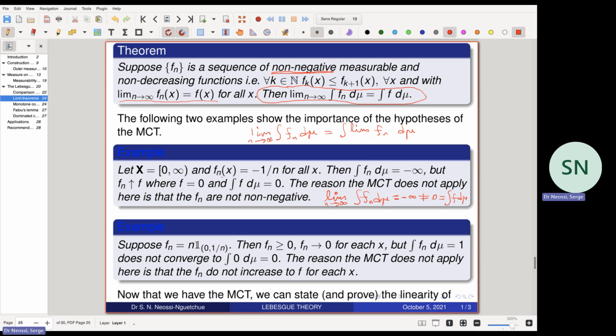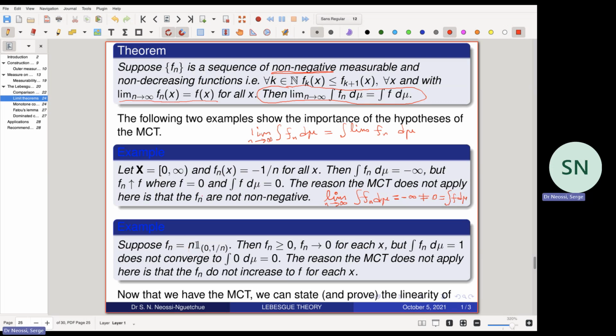If we denote by An the open interval (0, 1/n), this is Borel measurable, so it's in the Borel sigma algebra. Consequently, the indicator function of a measurable set is a measurable function, and if you multiply by a constant, it's still measurable. So this first hypothesis, a sequence of non-negative measurable functions, is satisfied.